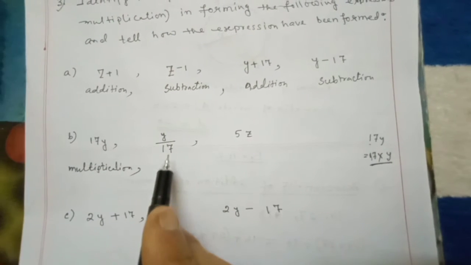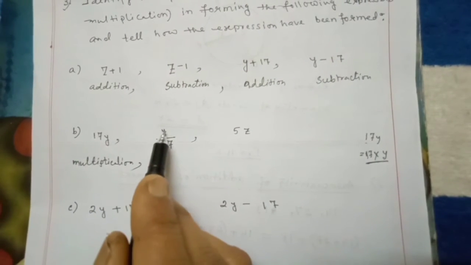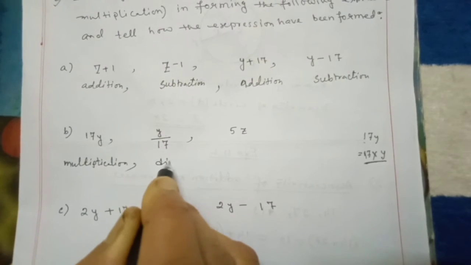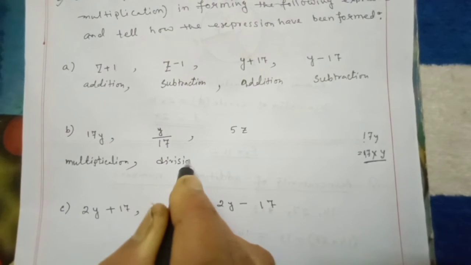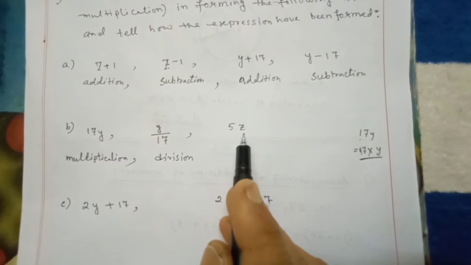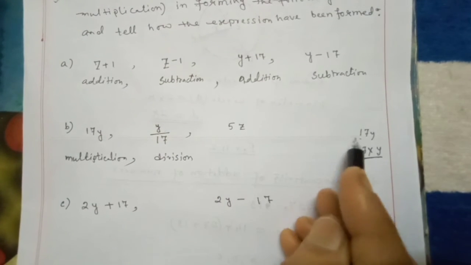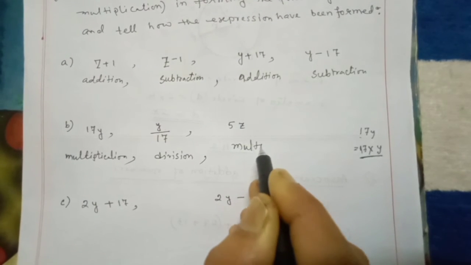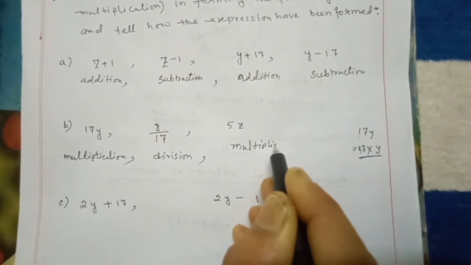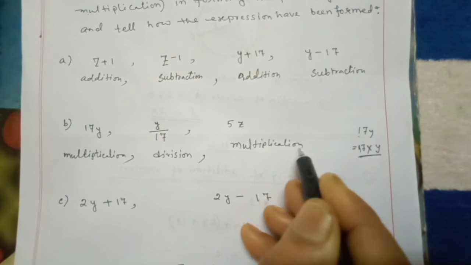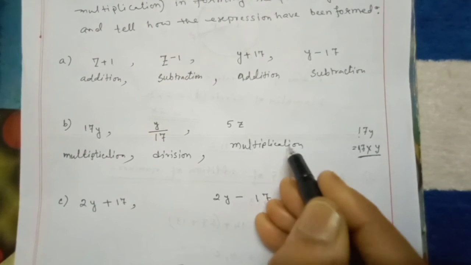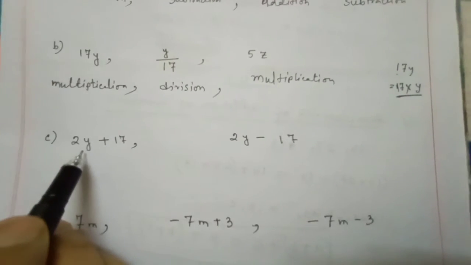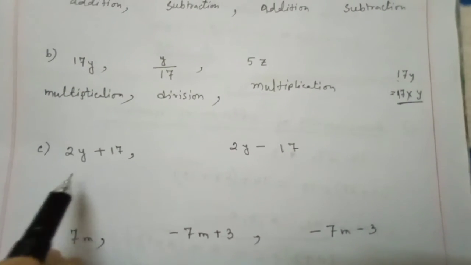Next one is y divided by 17. In this way, y by 17 means division. Here division. 5z, you know that it is multiplication again in this way. Multiplication. Next one, say 2y plus 17.